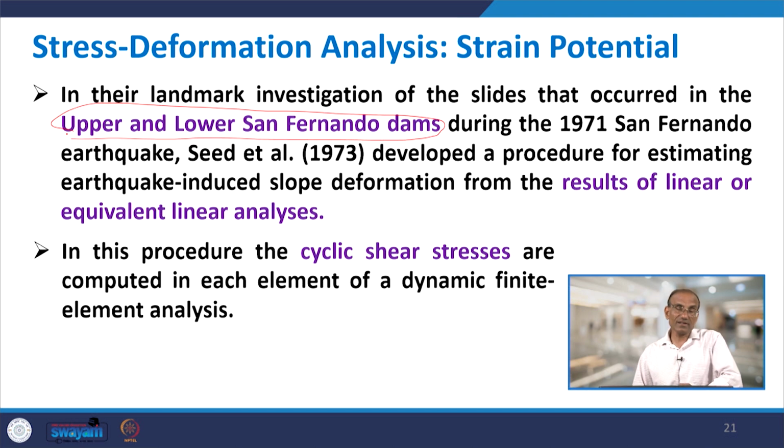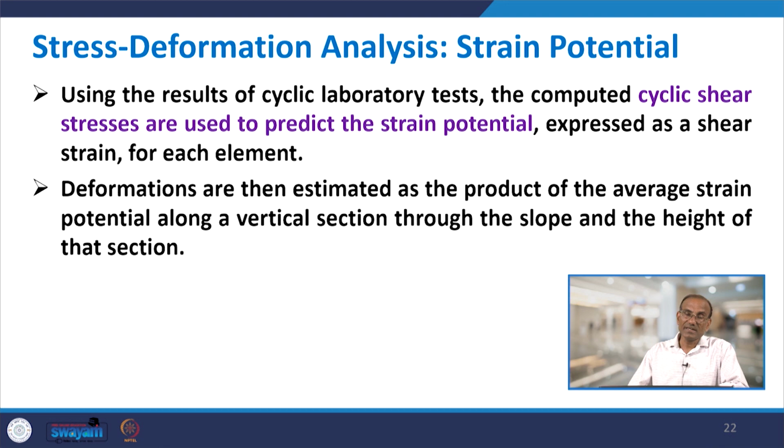Seed et al. in 1973 developed a procedure for estimating earthquake-induced slope deformation from the results of linear or equivalent linear analysis. In this procedure, the cyclic shear stresses are computed in each element of the dynamic finite element analysis. For each element, cyclic shear stress is calculated, and using the results of cyclic laboratory tests, the computed cyclic shear stresses are used to predict the strain potential, which is expressed as a shear strain for each element.